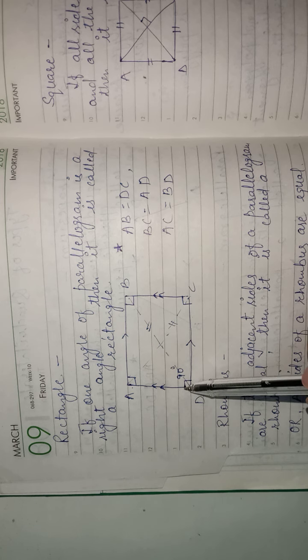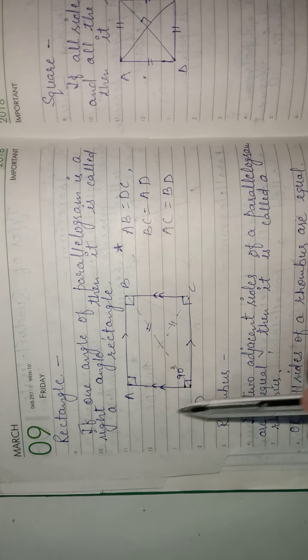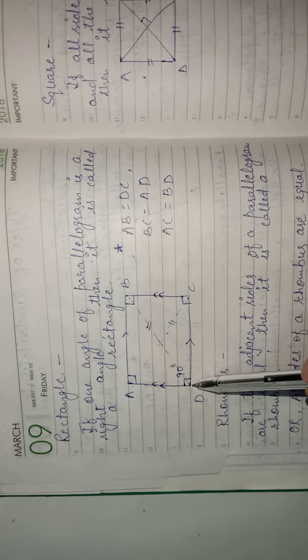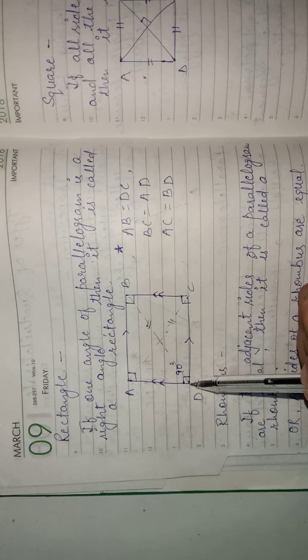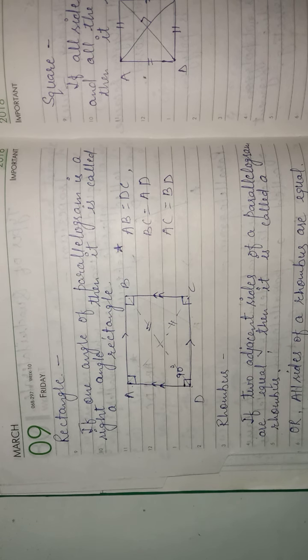So when we get this type of parallelogram with one right angle at one corner, the quadrilateral will be a rectangle.